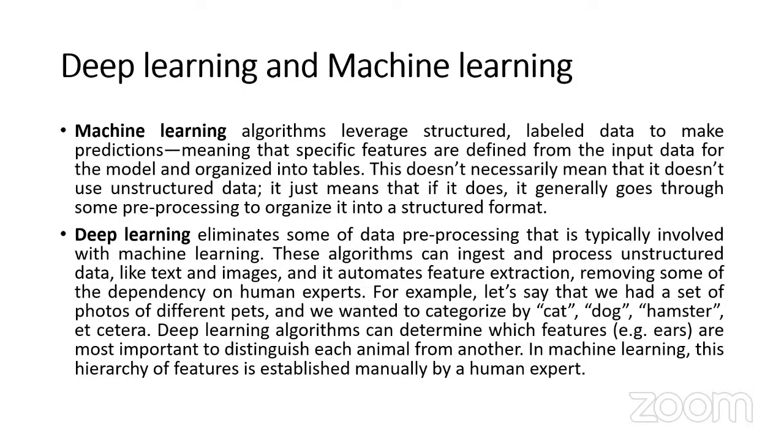In the case of machine learning, the pre-processing is fully manual: you have to make the data fully structured and tell the algorithm to recognize certain features. But in the case of deep learning, we also have to prepare the data.